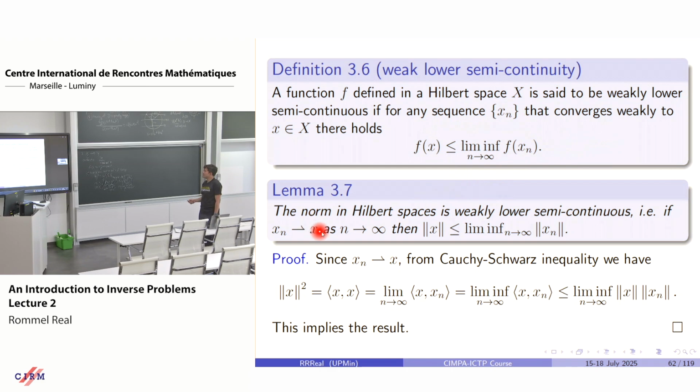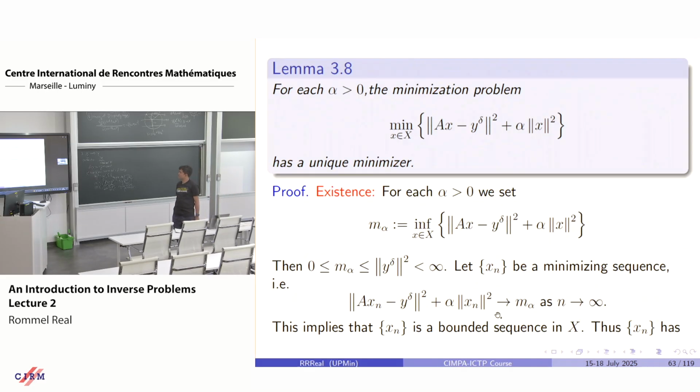We use this later in an important property of the norm in Hilbert spaces: the norm is weakly lower semi-continuous. That means if you replace f by the norm function, then we have this. This can be easily proven by the Cauchy-Schwarz inequality and by the definition of the limit, because it exists. Note this limit can be replaced by the limit infimum. So that's a very short proof.